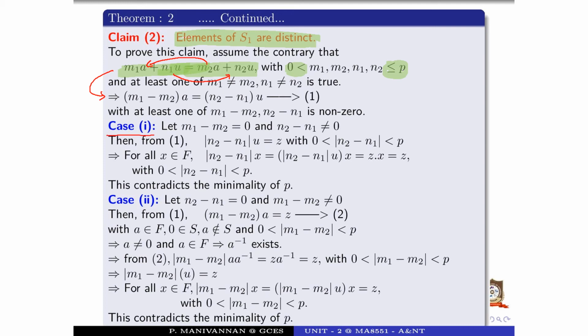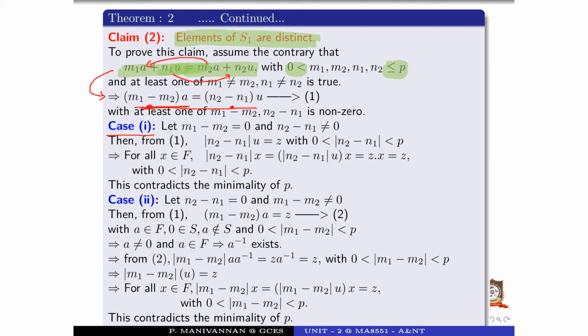First case, let m1 − m2 equal to 0, n2 − n1 not equal to 0. In this case, we assume this value be 0 and this value not equal to 0. Therefore, m1 − m2 equal to 0, so this value is 0.